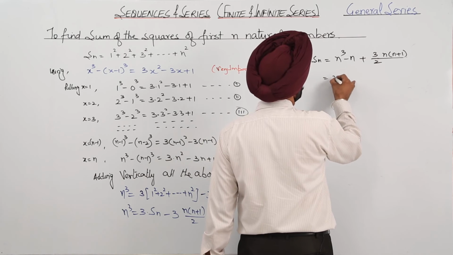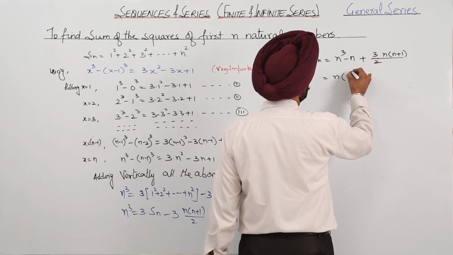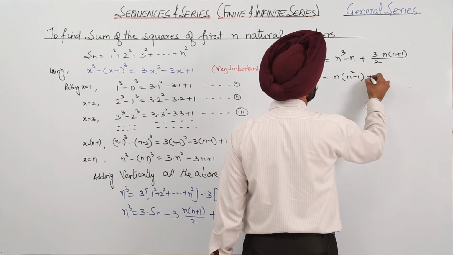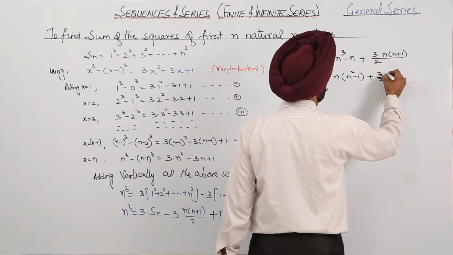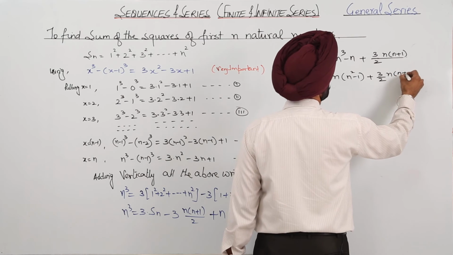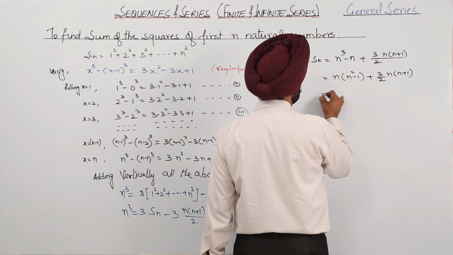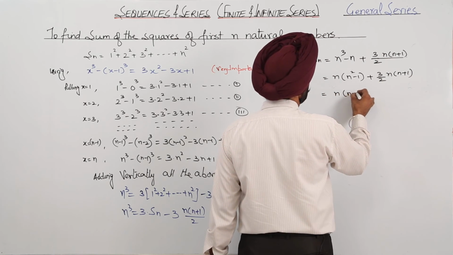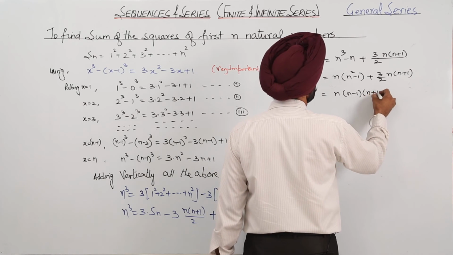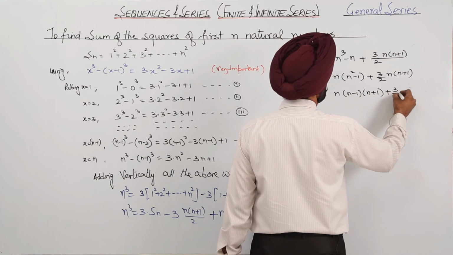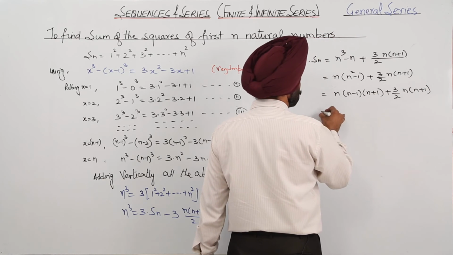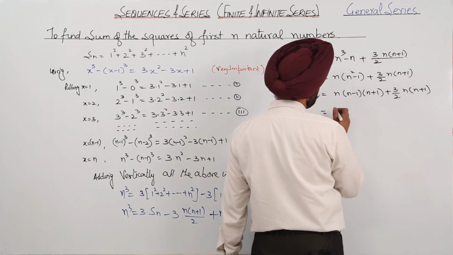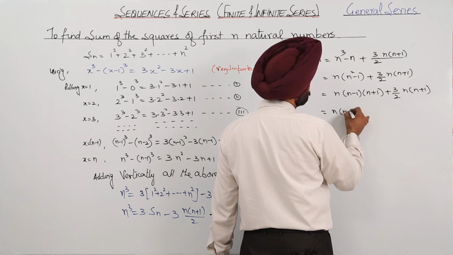Now let us solve this. Taking n common, we are left with n square minus 1 plus 3 upon 2 times n plus 1, that is n minus 1 times n plus 1 plus 3 upon 2 times n times n plus 1. From these we can take n and n plus 1 common.